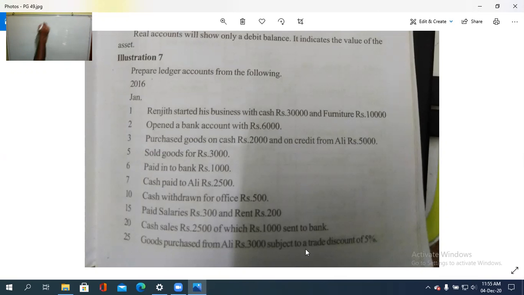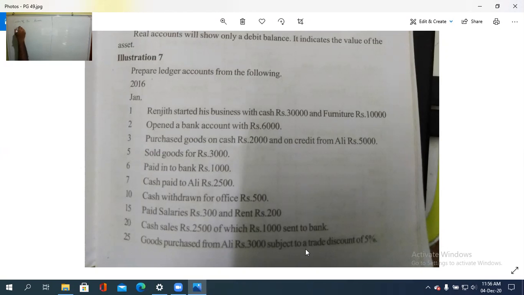So Ranjit started business with cash, and splitting the board into two will make it easy for you. Ranjit started business with cash rupees 30,000 and furniture rupees 10,000. So cash account debtor, how much is it? 30,000.